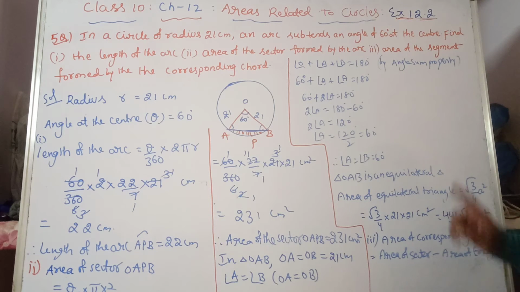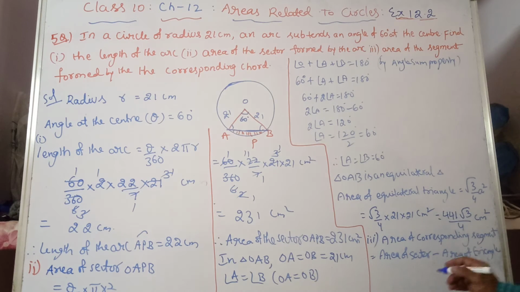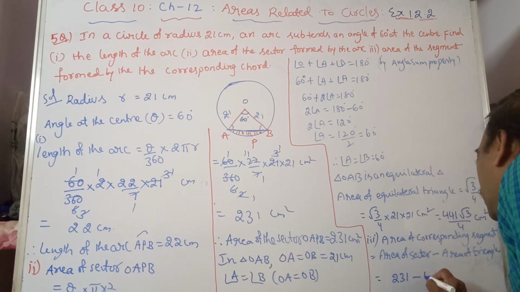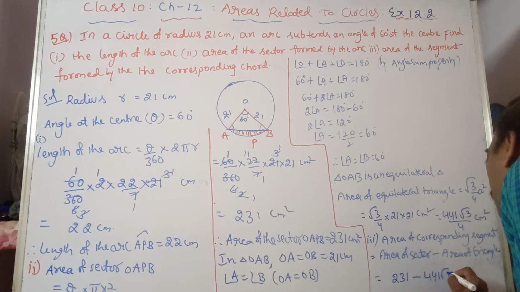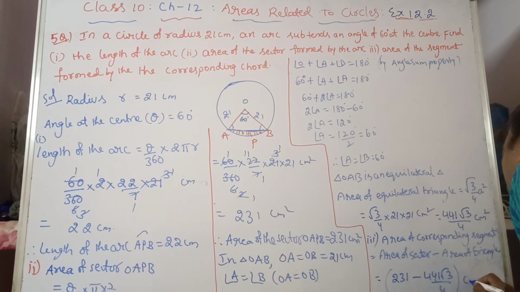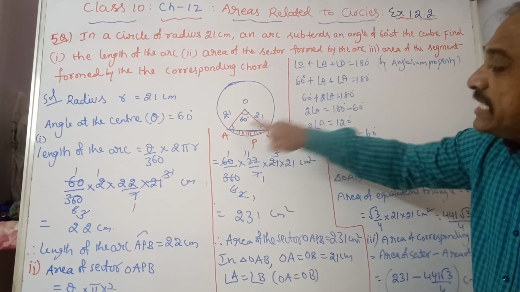So 231 minus 441 root 3 by 4, which will give 231 minus (441 root 3 by 4) centimeter square. This is the third one, area of the corresponding segment.